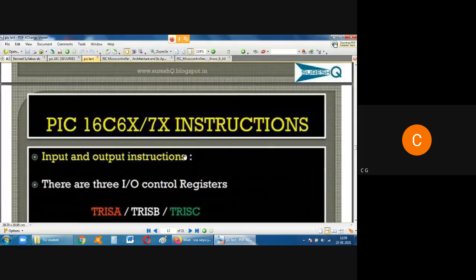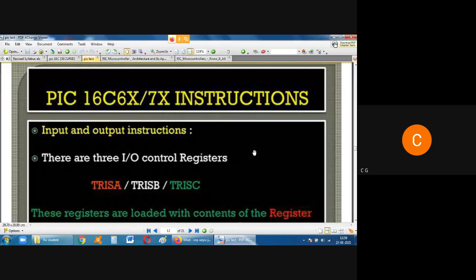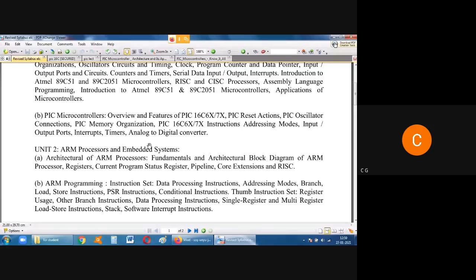Again, there are output and input instructions. So let me see. Are we supposed to see instruction addressing modes? Okay, so there we have to see how the instructions are behaving, and there will be around 30, sorry 35 instructions, minimum 35 instructions for the instruction addressing mode.